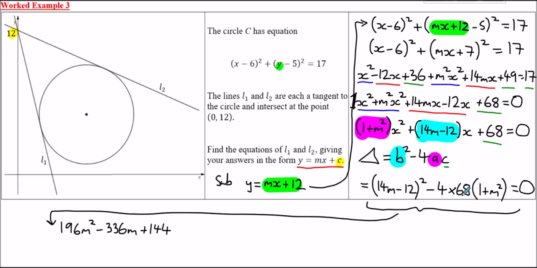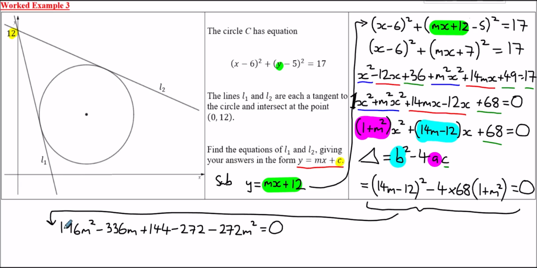Then 4 multiplied by 68, so 4 times 68, that's going to give us 272. So we're going to have minus 272 and minus 272m squared, all equal to 0.